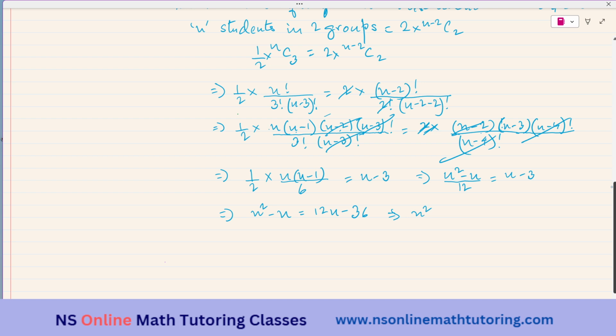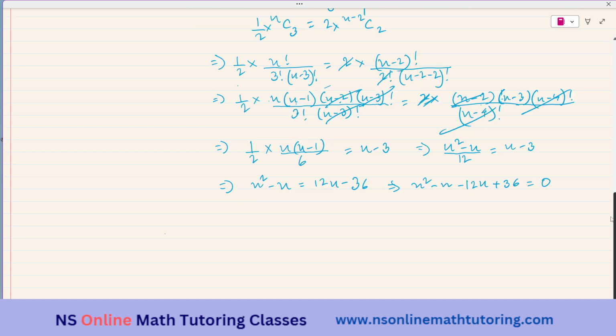So it is n square minus n and minus 12n plus 36. This is equal to 0. So n square and minus n minus 12n is equal to minus 13n, and this one is plus 36 is equal to 0.